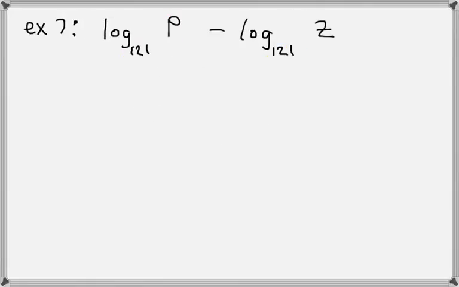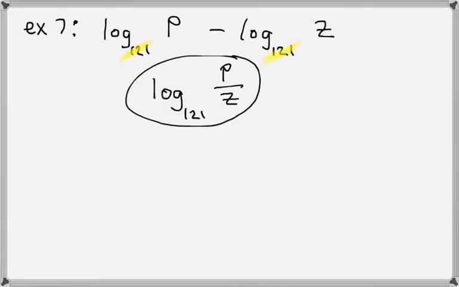Let's look at example 7. Here we have log base 121 of p minus log base 121 of z. Same process. Is your base the same? In this instance it is, so we can use the quotient property to condense this into a single log of base 121 of the p over the z. And that would be our final answer.